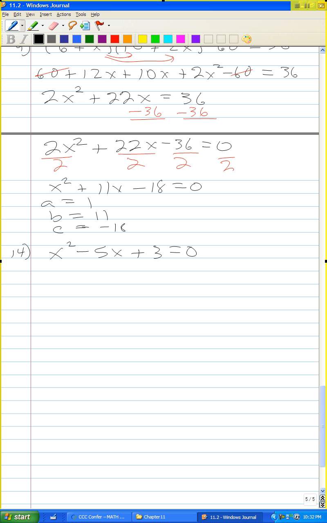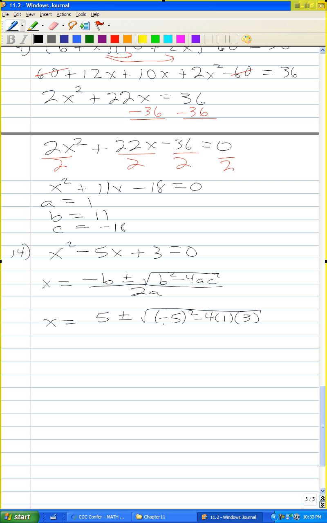So I have here that x is equal to negative b plus or minus the square root of b squared minus 4ac all over 2a.